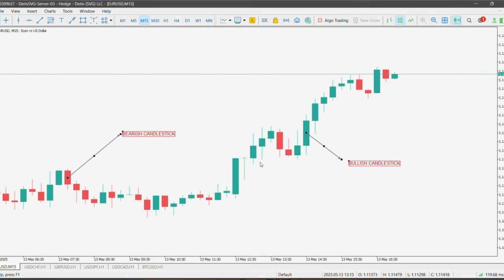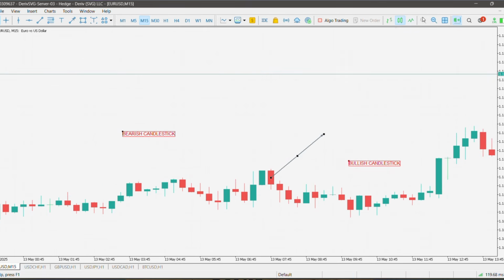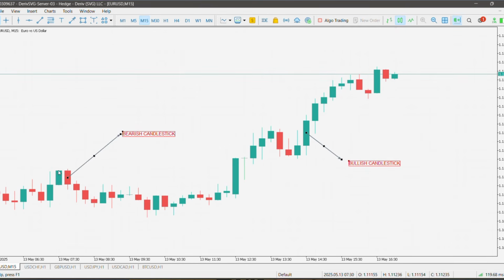Can I zoom in more? Okay, that's what it means. I'll give you another example. This is my previous candle. It's bullish. So that means price can only have opened at this price. And I would assume it went down to this price, creating this tail. So this is the lowest price that we were given by this candlestick.